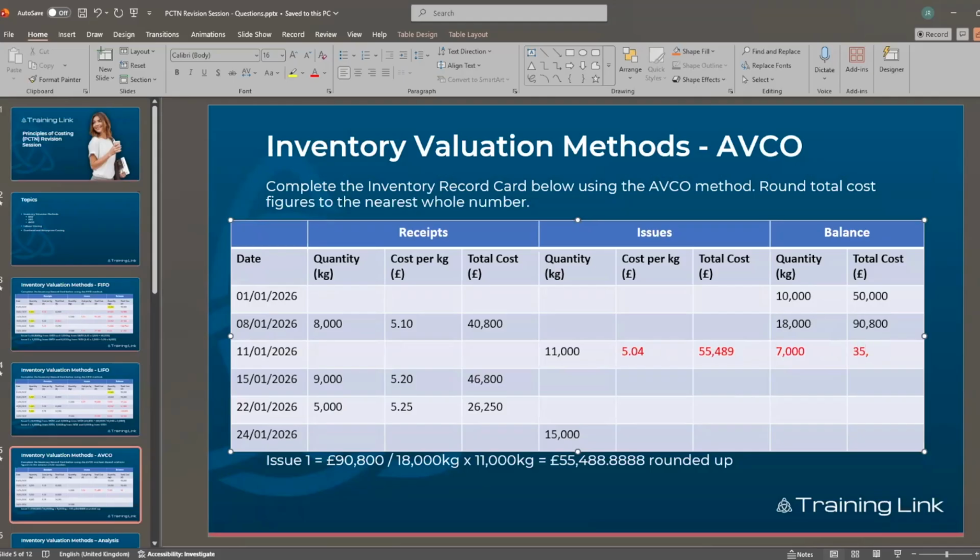And then, as we've done in every other case, we update the balance as we go. This figure's been different every time that we've done this first issue, which is why we're doing this balance every single time, even though the quantity will still be the same. It's the total cost which is changing each time.